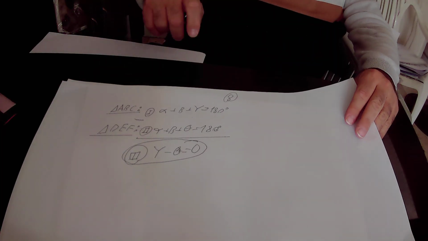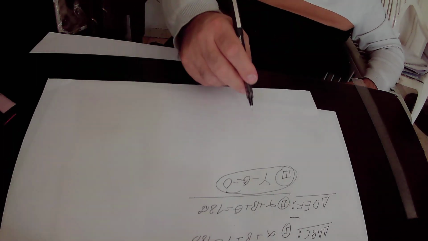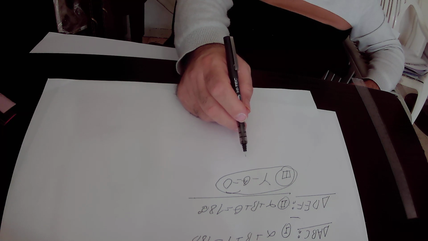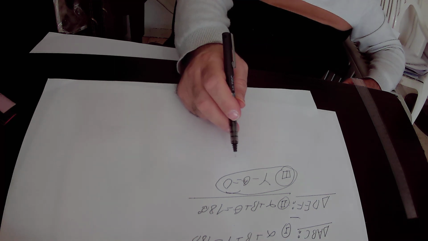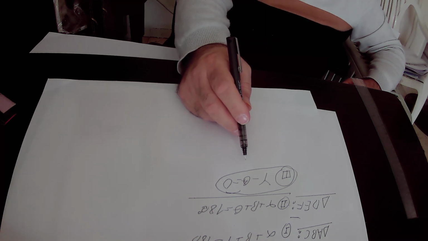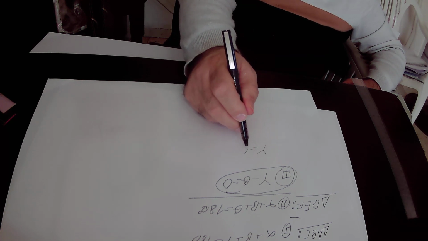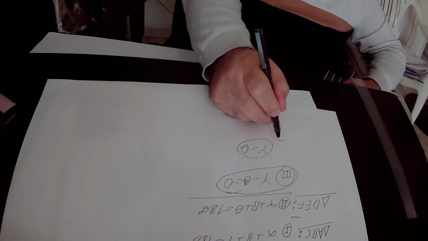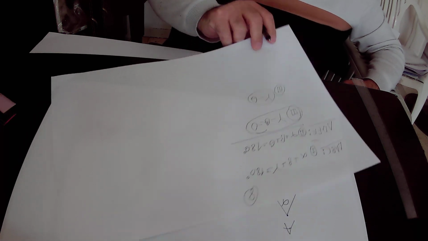Here we add theta to this equation number 3, and we will get that angle gamma equals angle theta.